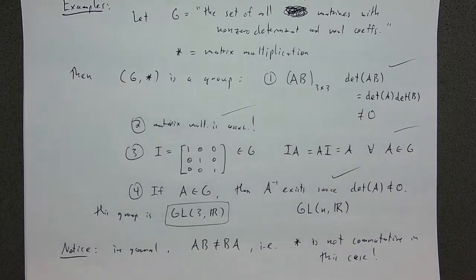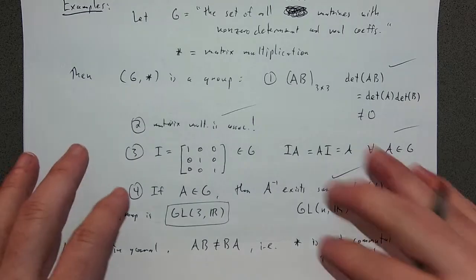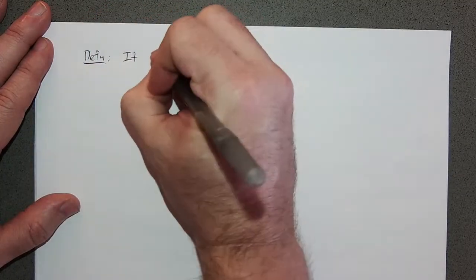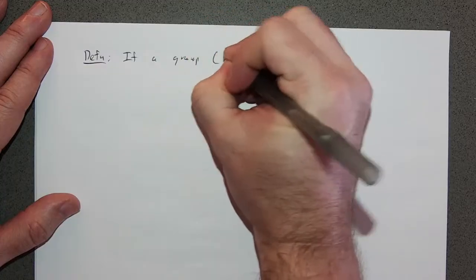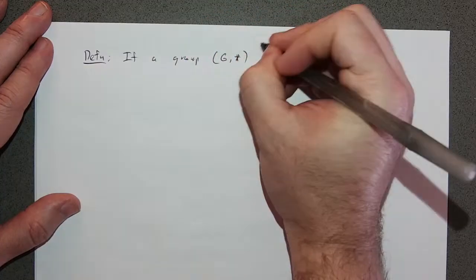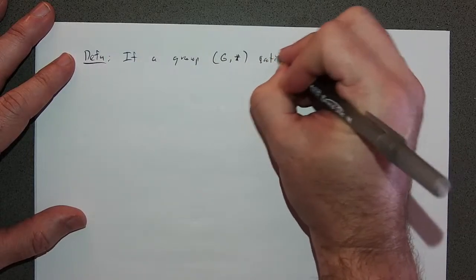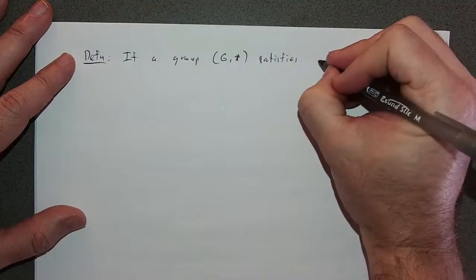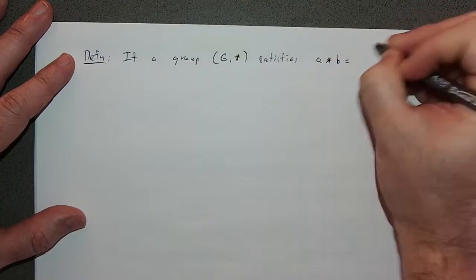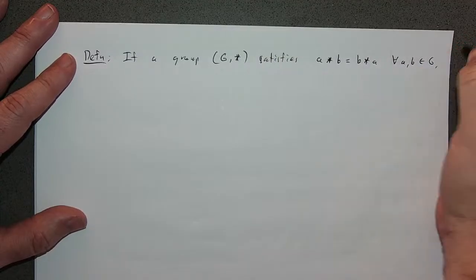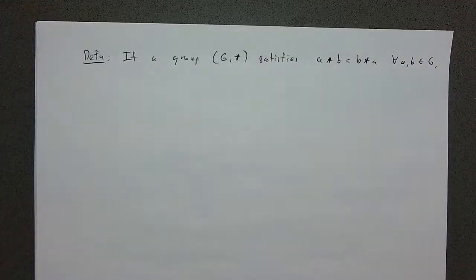So it's a special case when the binary operation is commutative. So here's another definition. If a group, set G taken together with binary operation star, satisfies that A star B is equal to B star A for all A, B in G, this is to say that this binary operation star is commutative.